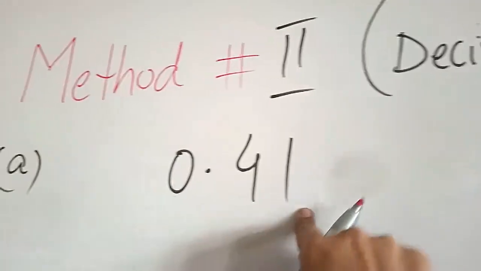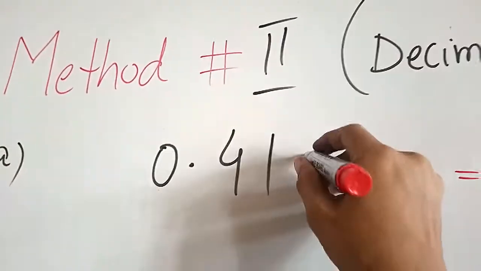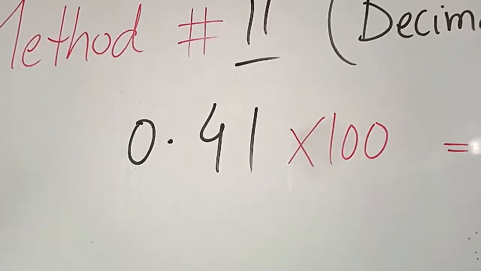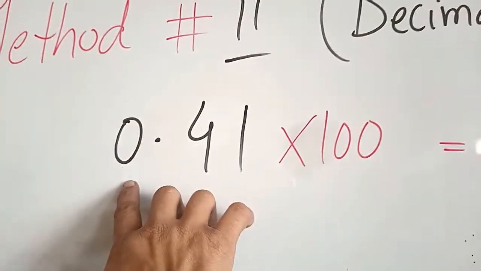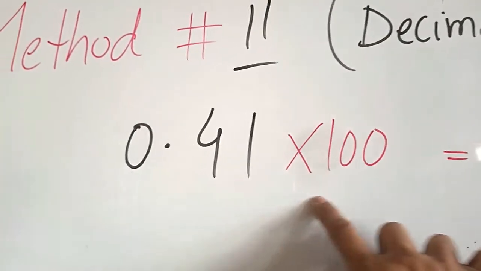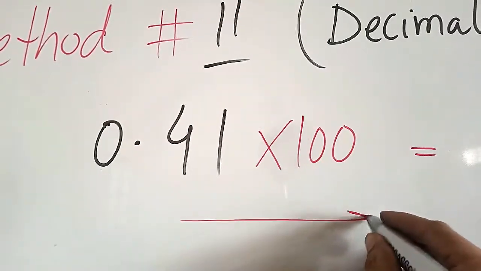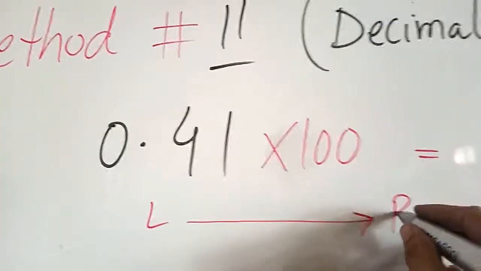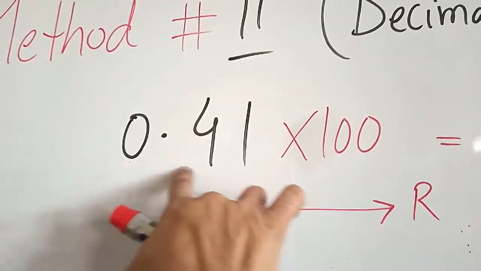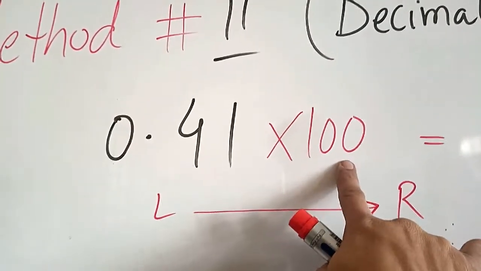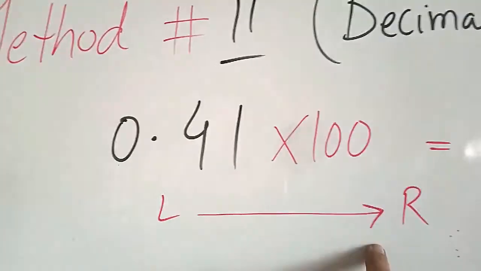Then, according to method number 2, we will simply multiply the number by 100. And do you remember, whenever we multiply decimals by 100, we have to move the decimal point from left to right. We are multiplying 0.41 by 100. 100 has 2 zeros. It means we have to go towards the right.